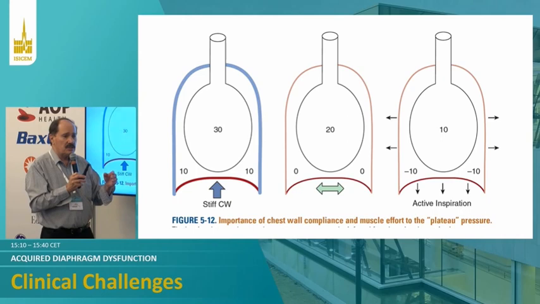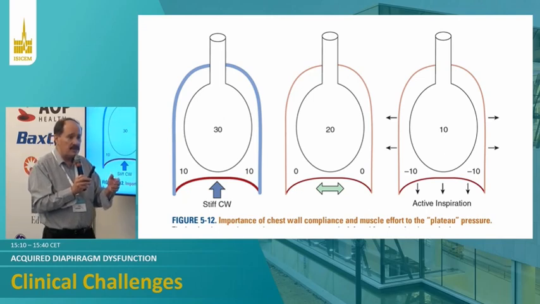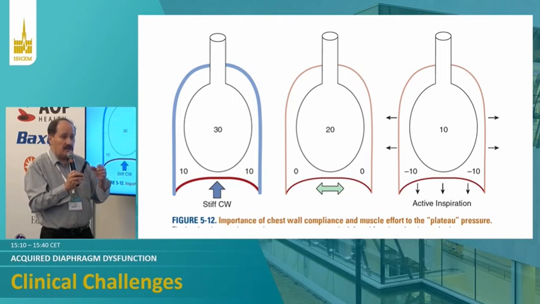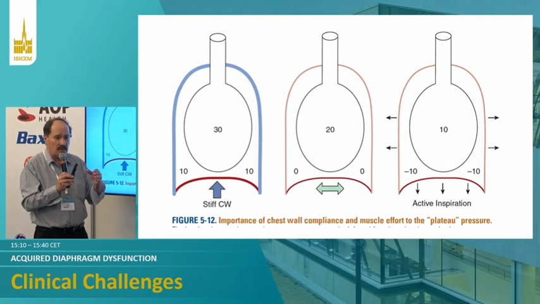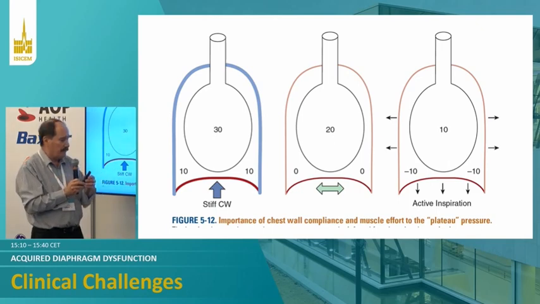So if somebody says, Dr. Marini, how much power do you use? Well, I first have to say, what does the chest wall look like? Is the patient breathing by himself, or are we paralyzed? Because if we're paralyzed, then I can give you an estimate of what the work is for the lung and the chest wall together. And if I drop an esophageal balloon, I can get a handle on what the stresses are across the lung itself and the power is. Okay.